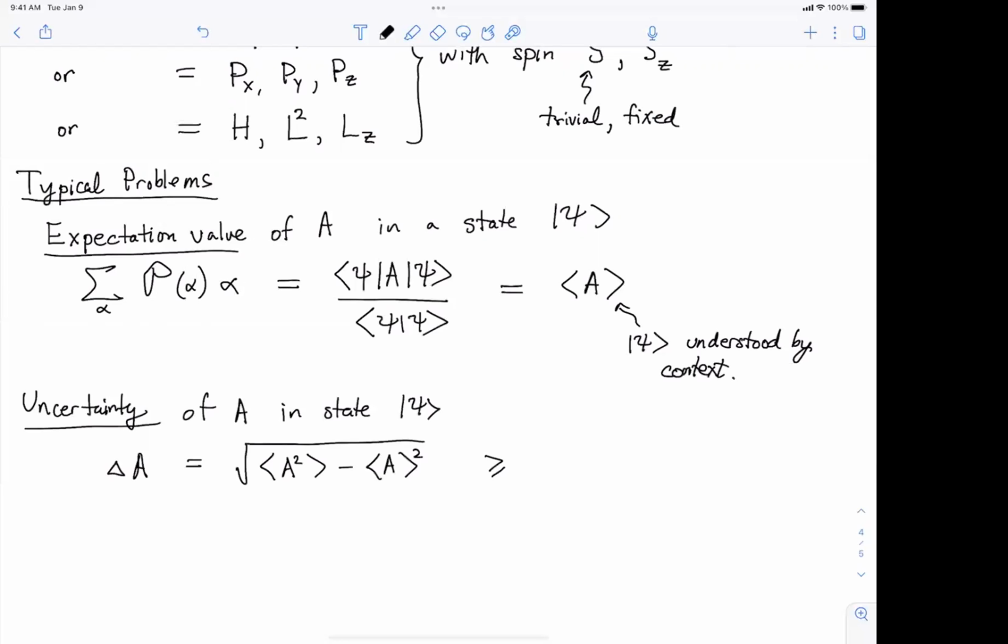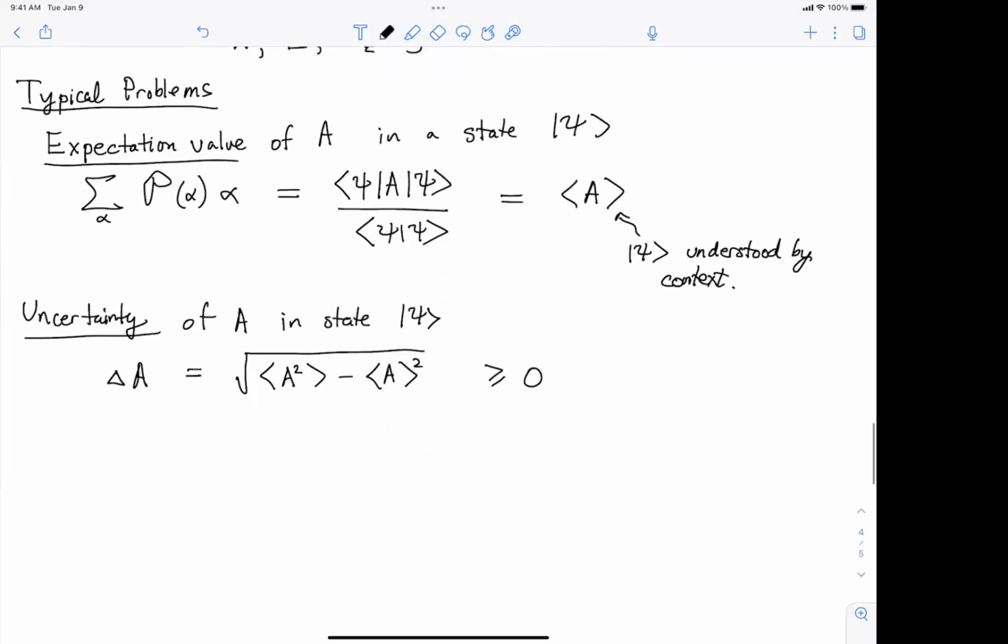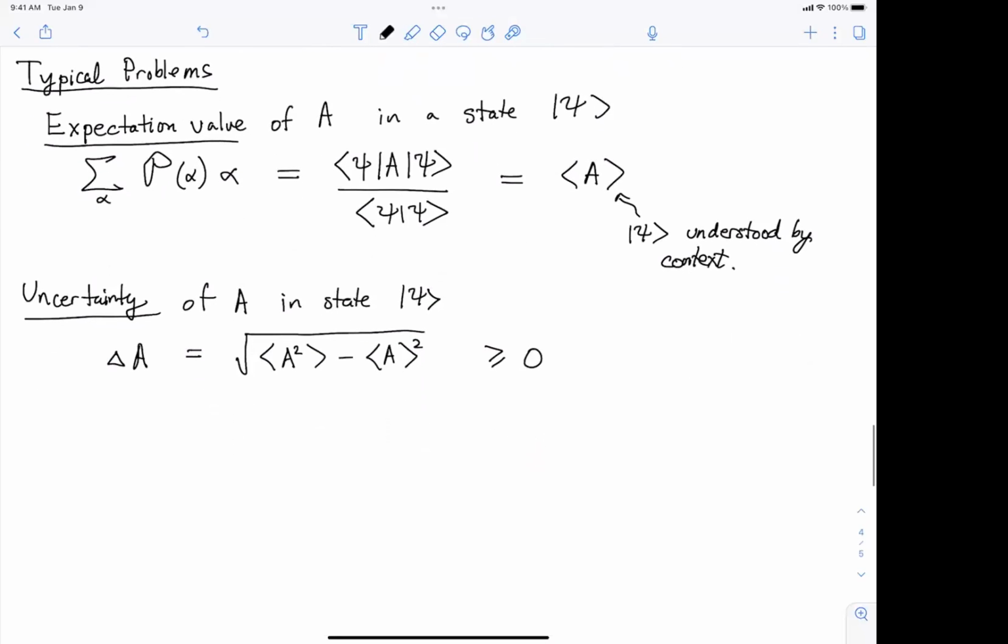By definition, this is always a number larger than or equal to 0, because you're taking the square root. And among the things we proved is the uncertainty principle. If you take the product of the uncertainties in position and momentum, that's always greater than or equal to h bar over 2, no matter what state you're talking about.